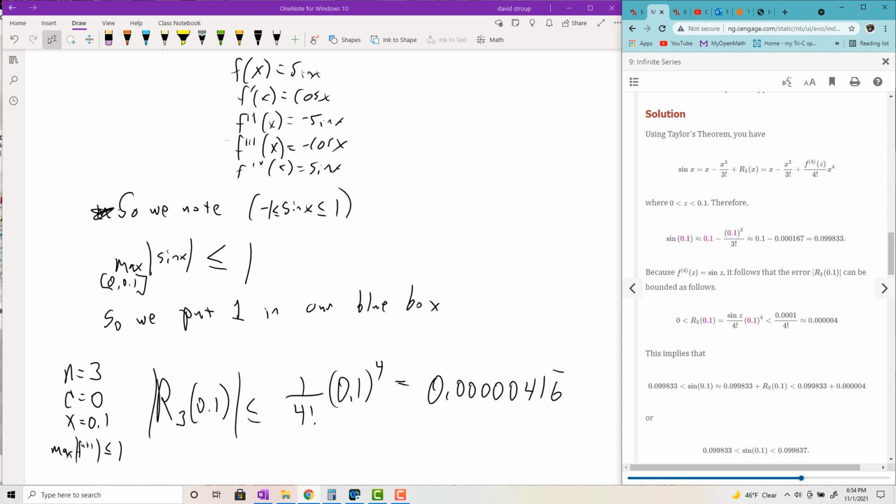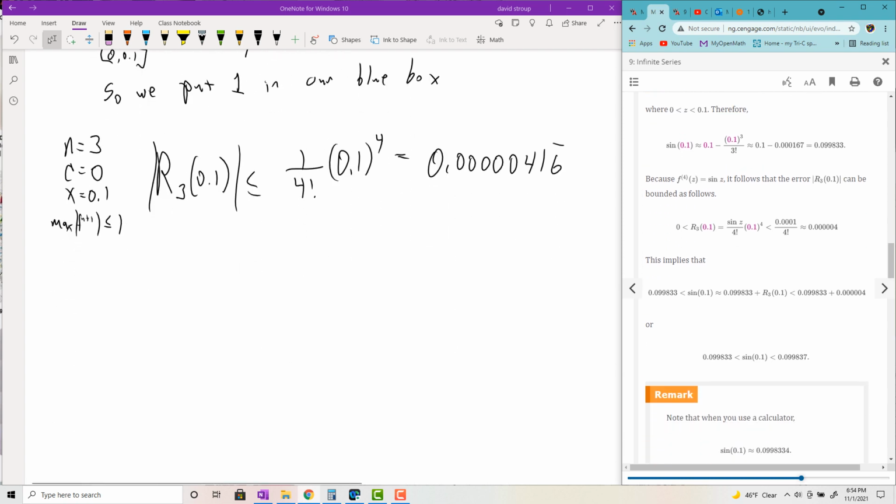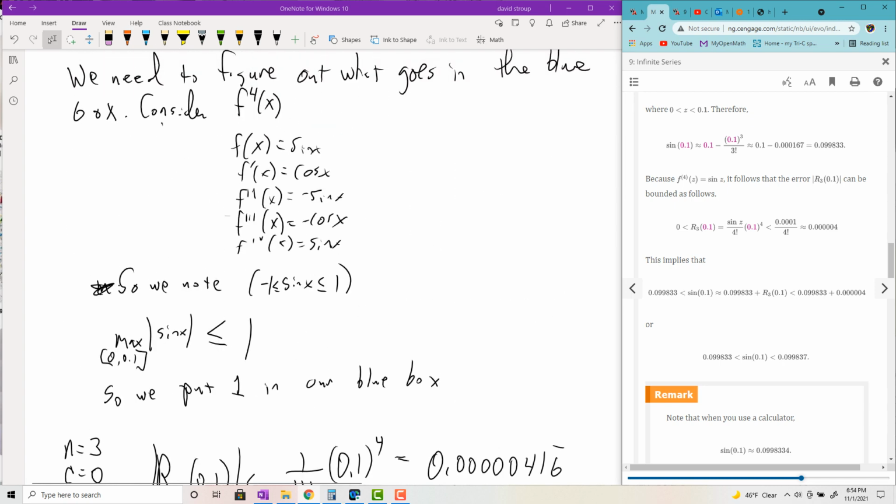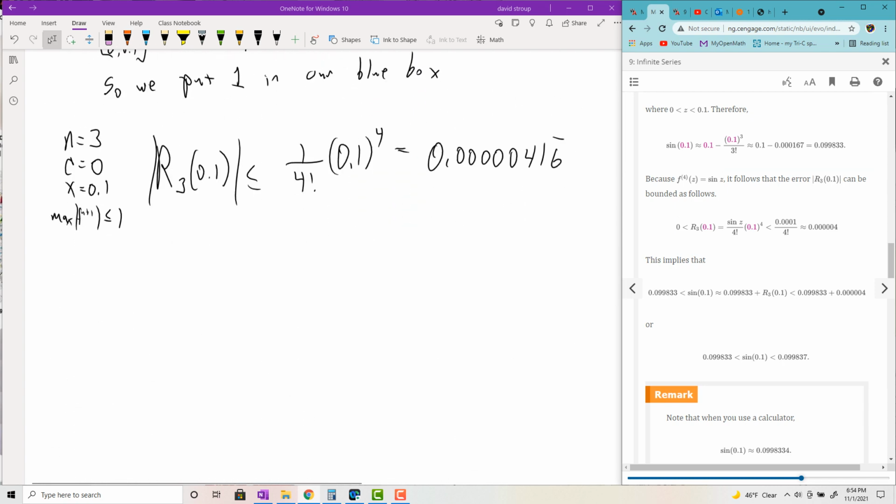So you could see they have done the same thing as I did. You're bounding above, the sine of z thing has to be less than 1, the max of sine on that interval. And then you could get a nice little approximation if you plug 0.1 into this polynomial above.